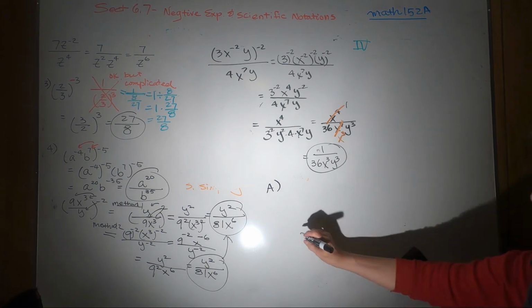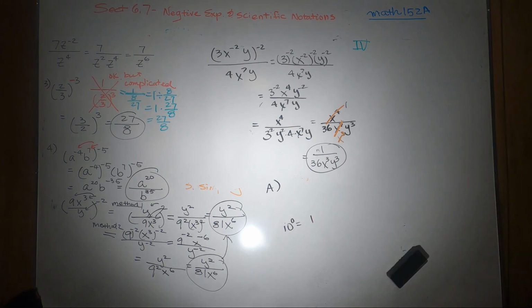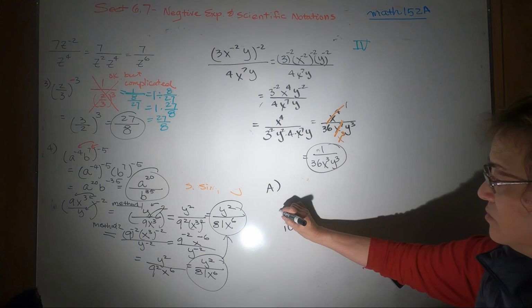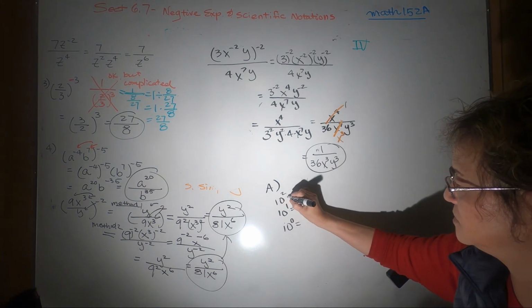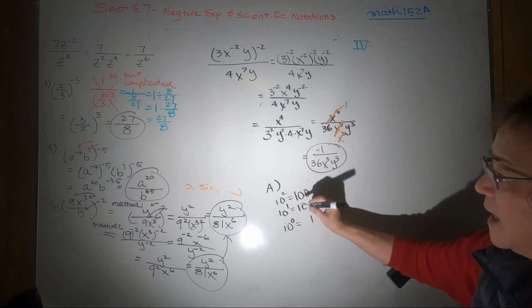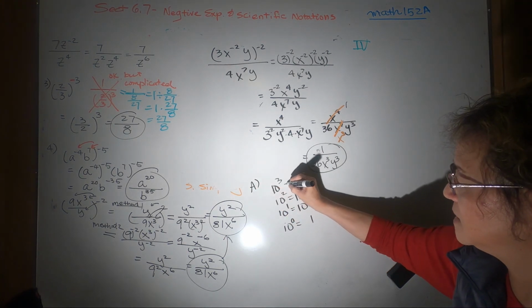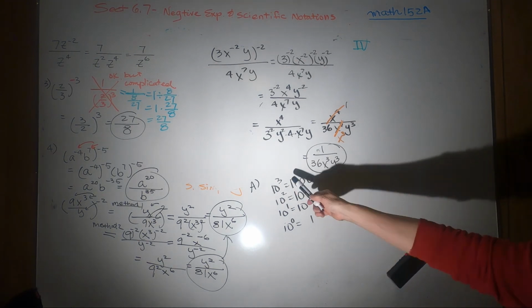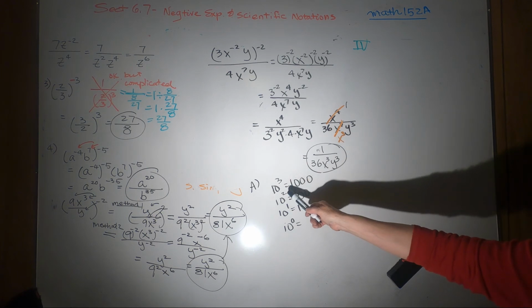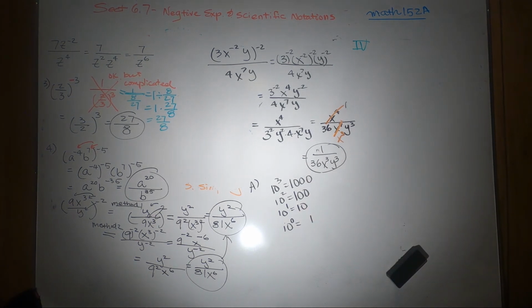We know 10 to the 0 power is 1, since anything to the 0 power is 1. 10 to the 1 power is 10, 10 squared is 100, and 10 cubed is 1,000. The power tells you how many zeros are behind it.